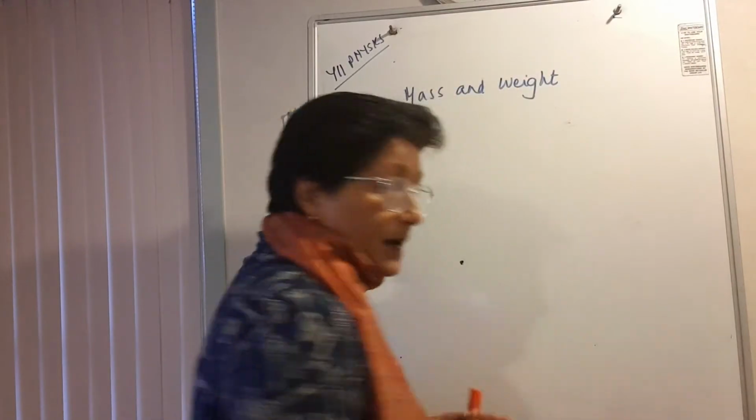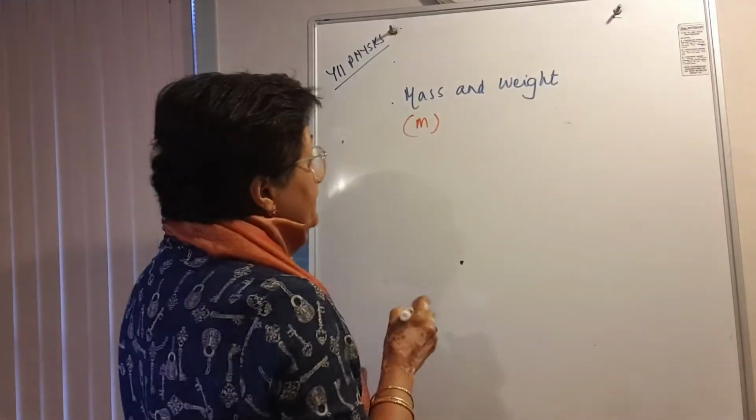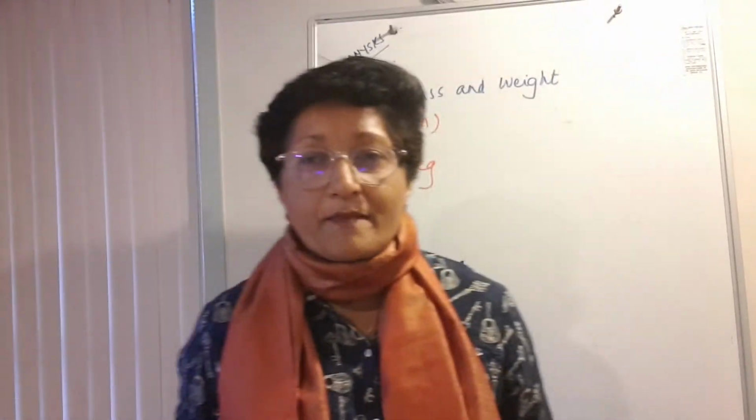Mass and weight. Now, mass is the quantity of matter in a body, how much of the substance there is, and mass is measured in kilograms, and the letter to represent mass is the letter M. And because it's a quantity of matter in a body, the mass does not change when you go from one place to the other.